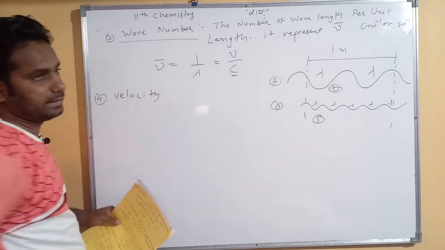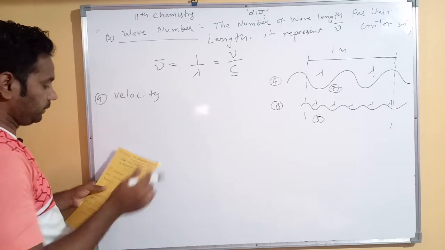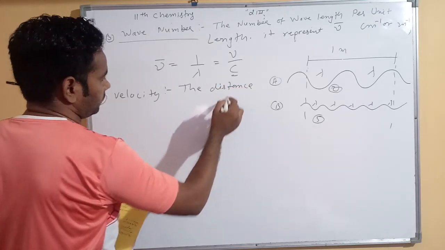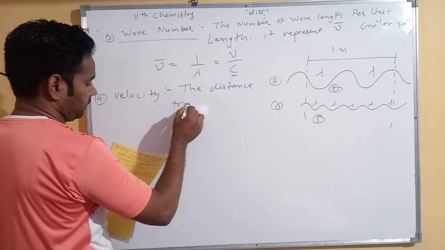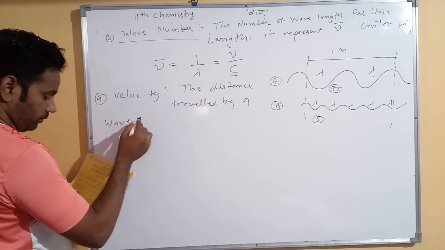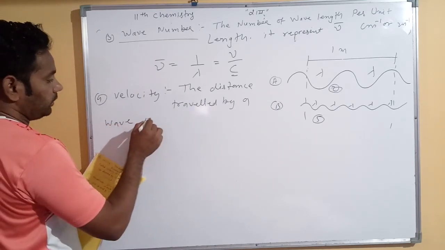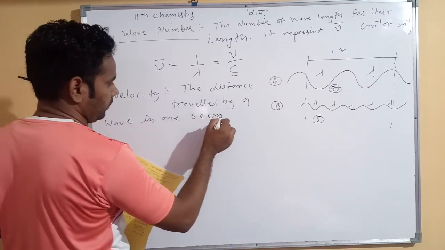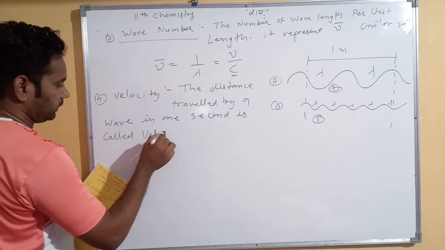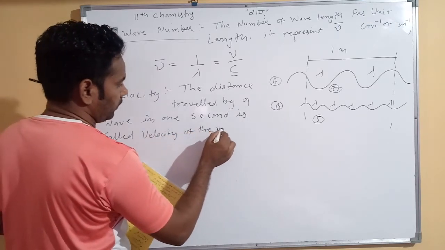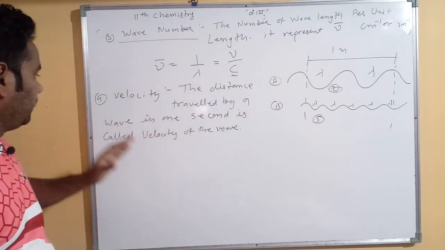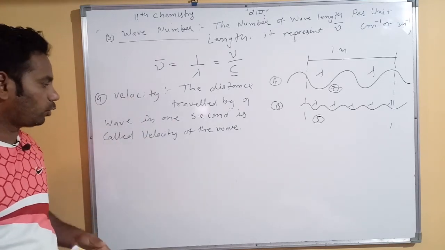Here we use the letter c. First understand the velocity: the distance traveled by a wave in 1 second is called the velocity of the wave. Clear?